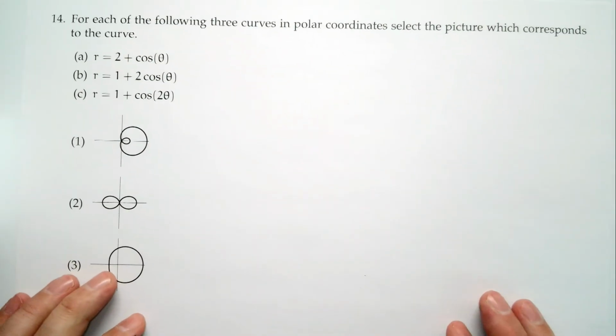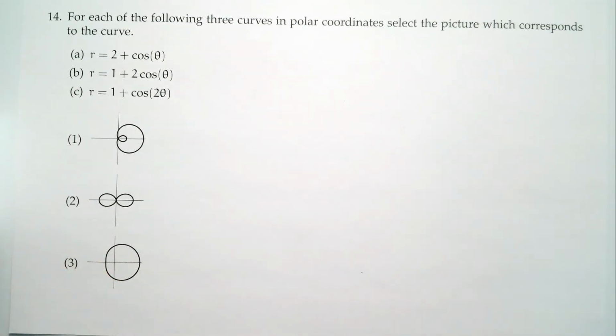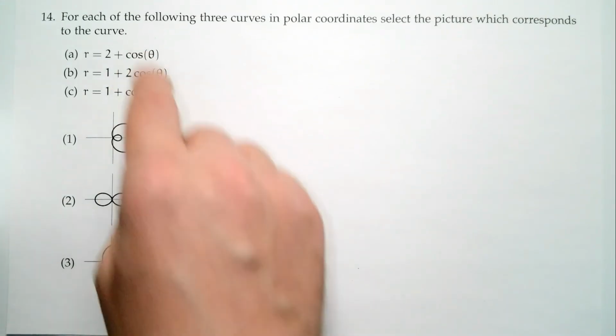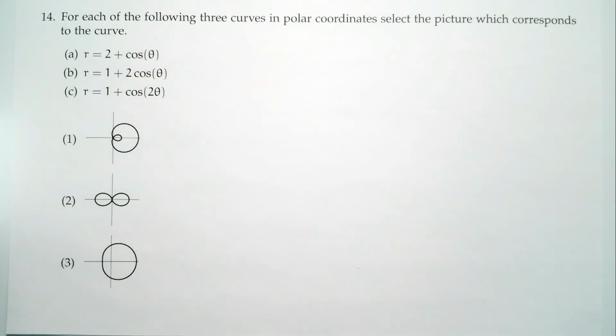Okay, number 14, a matching problem. Well, maybe. For each of the following 3 curves in polar coordinates, select the picture which corresponds to the curve. So I've got three curves, and I've got 3 pictures. Okay, what do we do?